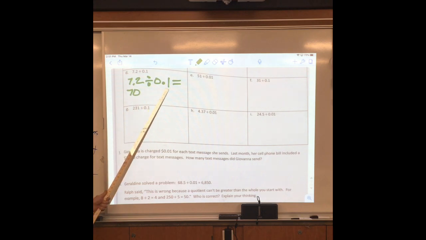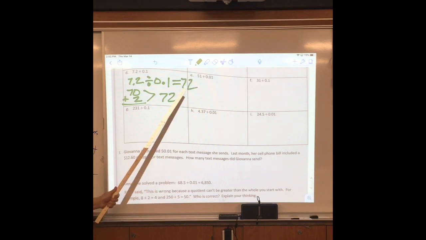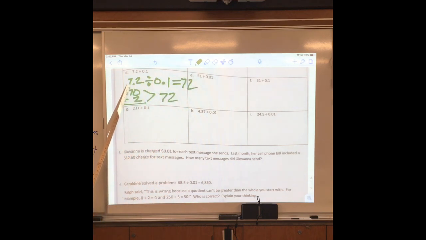And how many dimes would we end up with for the 2? 2. You're right. That's obvious, isn't it? So we could add these together and we could get 72. And that would be our answer. We get 72 dimes out of $7 and 2 dimes.